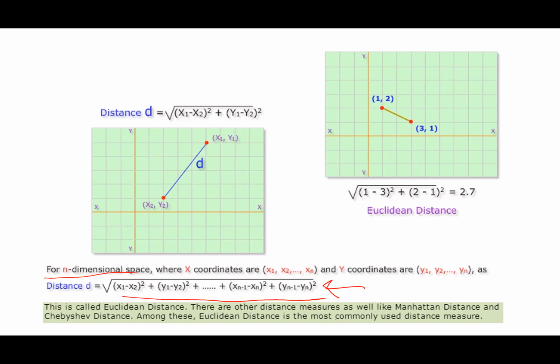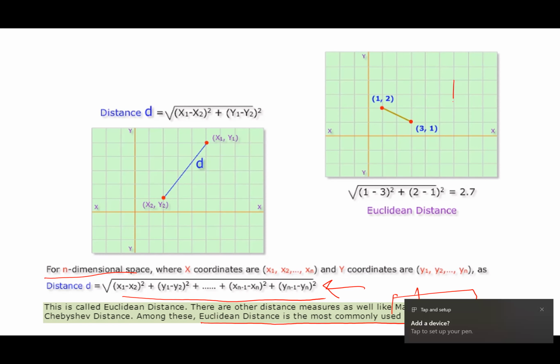And basically there are other distances which are called Manhattan distance, and some other distances also, but among them Euclidean distance is the most commonly used distance metric. So this Manhattan distance, between these 2 points, is this plus this plus this. So basically this distance is Manhattan distance.